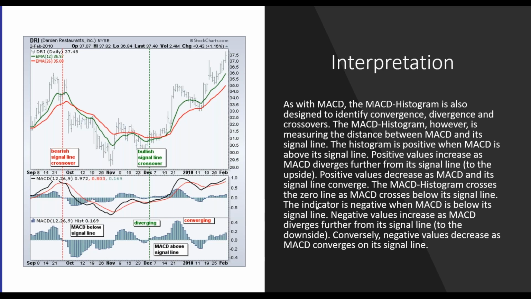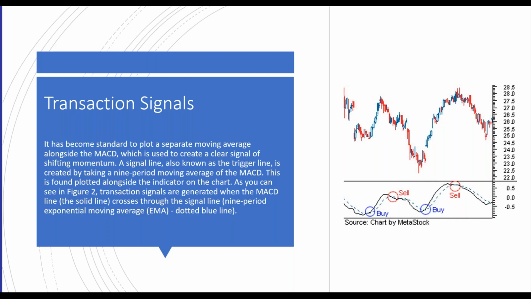The MACD histogram crosses the 0 line as MACD crosses below its signal line, and the indicator is negative when the MACD is below its signal line. Negative values increase as MACD diverges further from its signal line. Conversely, a negative value decreases as MACD converges on its signal line.